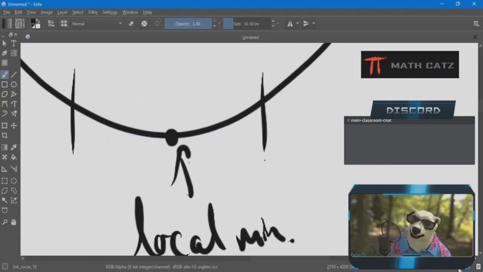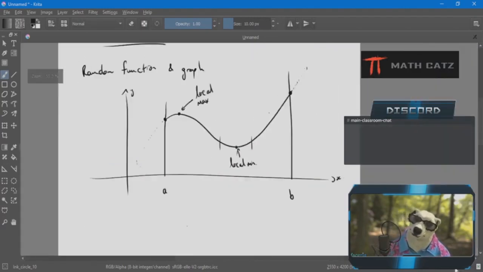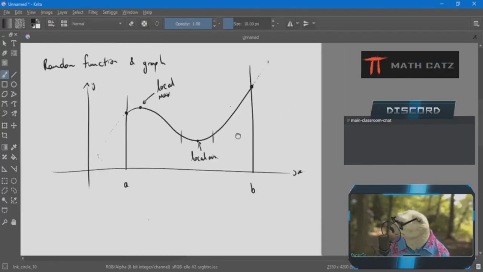But of course, as I zoom out, overall, it might not be the smallest y value I could get. Or it might be. Those two aren't necessarily the same.